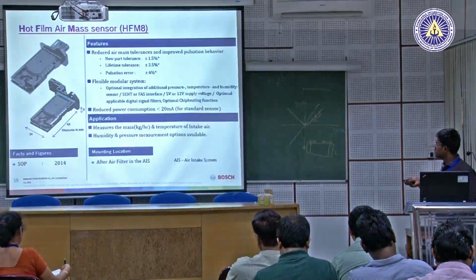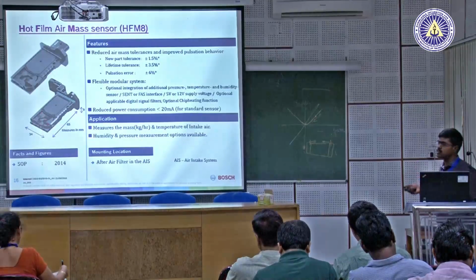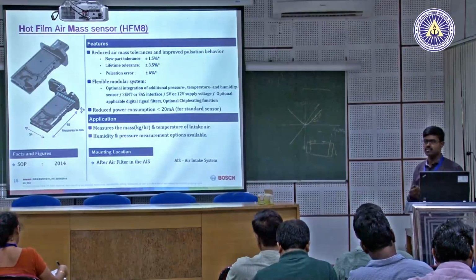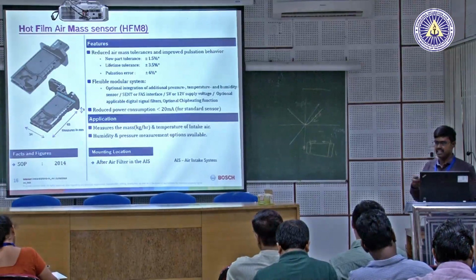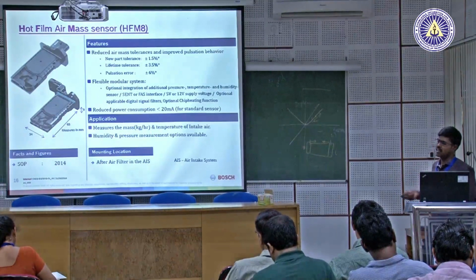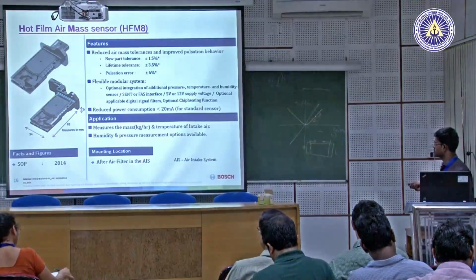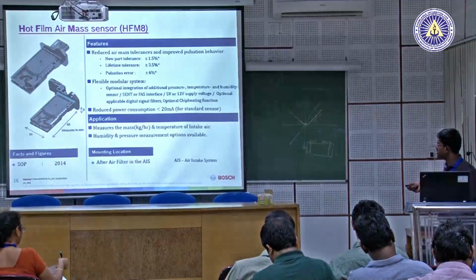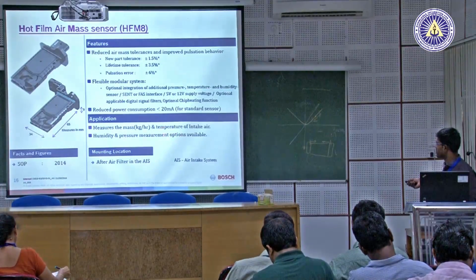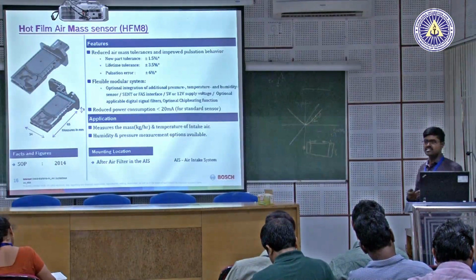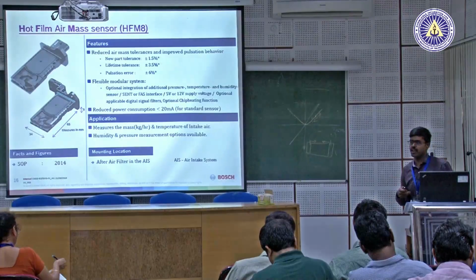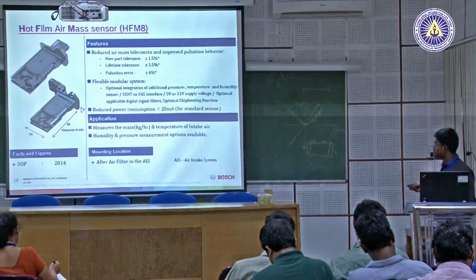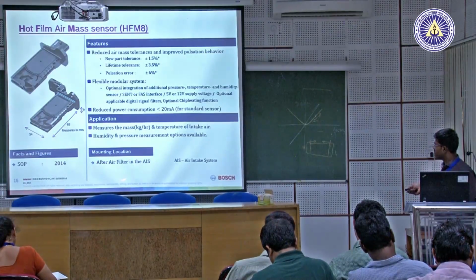Here the air mass sensor directly gives you the incoming air in grams per second or kg per hour, whatever units we can program. Optionally we have humidity and pressure measurement ports along with the temperature of the intake air. You can sense the humidity, the temperature, and the pressure measurement can also be an option for this sensor. The mounting location is after the air filter in the air intake system.